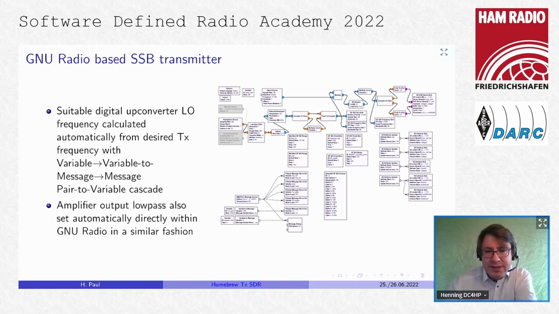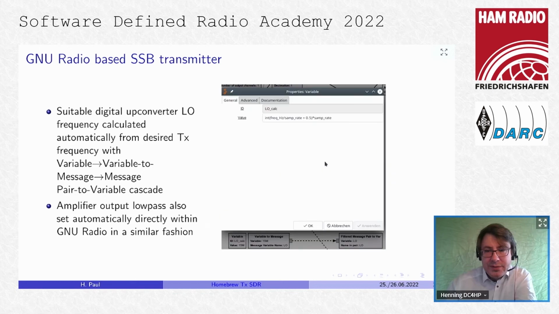Maybe some of the GNU Radio guys will tell me how this would have been more elegant, because I wanted to set my digital up converter frequency depending on the desired transmit frequency. This means I needed to quantize the frequency to the nearest integer multiple of the sampling rate on the Ethernet interface. So how did I solve this problem?